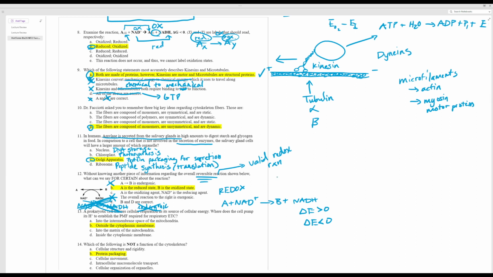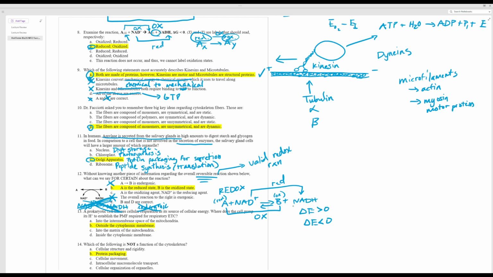Okay, so if you have a valid redox reaction and we see NAD plus and NADH involved, so if I just look at the forward reaction as written from left to right, I see NAD plus going to NADH, that's a reduction reaction. That must mean A to B is an oxidation reaction. So A is going from a reduced state to an oxidized state in B. Like I said, I don't know which direction is spontaneous or not.